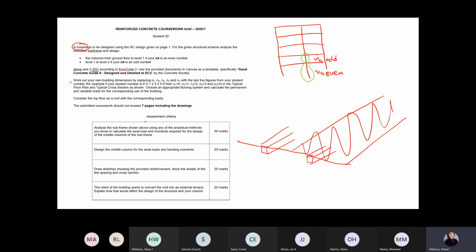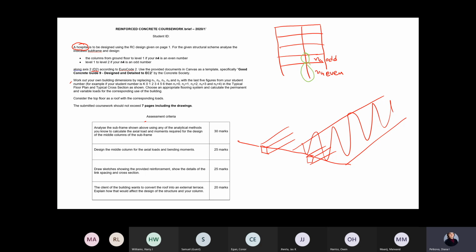From area load, we then have to go into UDL that will be applied onto the beam. We need this so we can determine the loads on the beam and the reactions at the supports of the beam, so that we can determine our axial load in the columns.